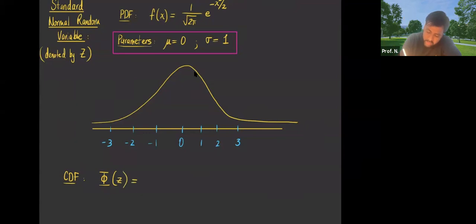So this here is the CDF. This is the probability that my Z is less than little z. This is the integral from negative infinity to z of f of x dx. And what I mean by f of x, I mean 1 over the square root of 2 pi e to the negative x squared over 2 dx.